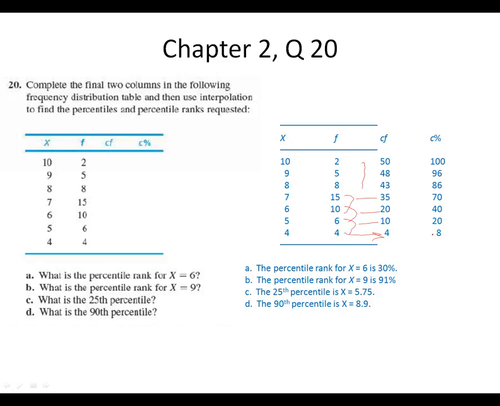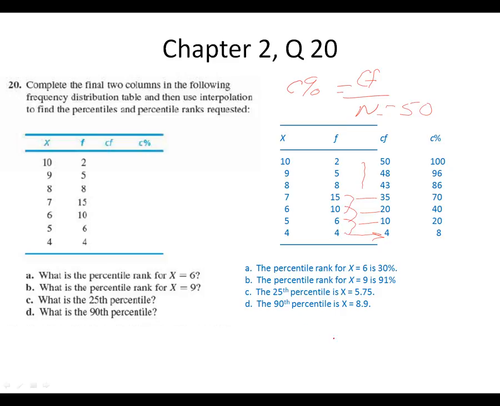And of course, with the other frequencies, this is the formula right up here. So the cumulative percent equals the cumulative frequency divided by the n. All right, and so in this one, if we add up all the frequencies, we're going to find that we have n is equal to 50.